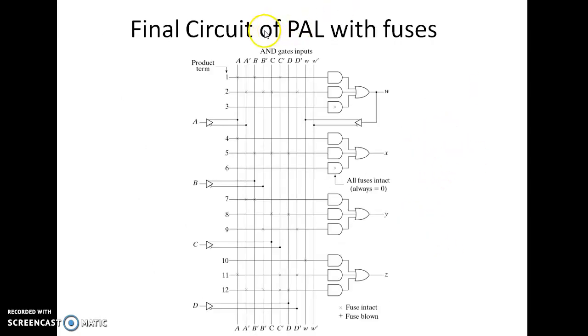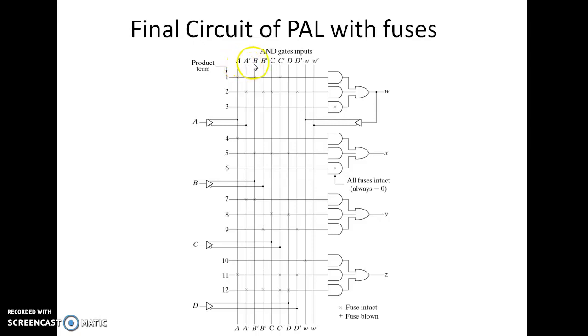Now coming to the final circuit of PAL with fuses. As I said, AND gates are programmable, right? What is the first product term? A, B, and C bar, right? So these are the inputs with uncomplemented and complemented.